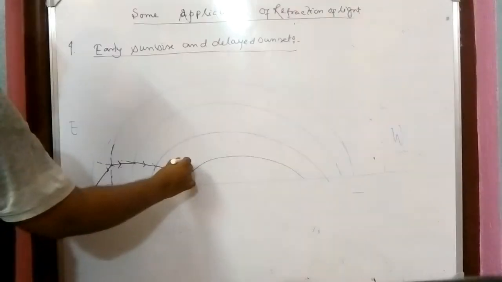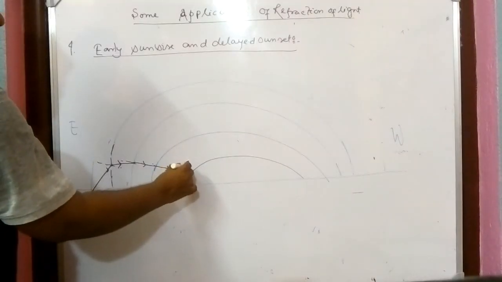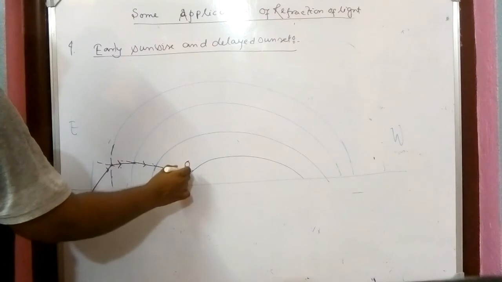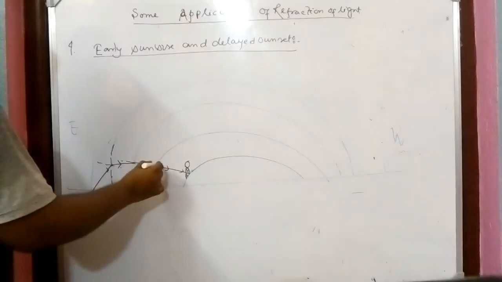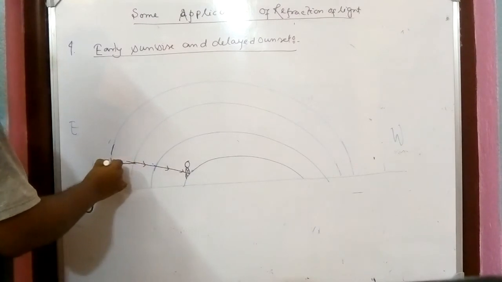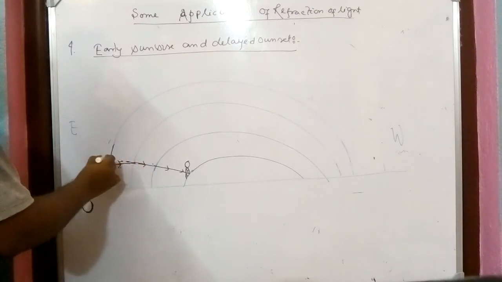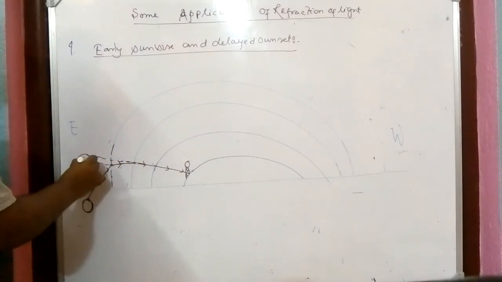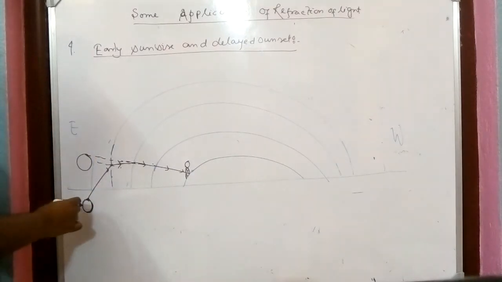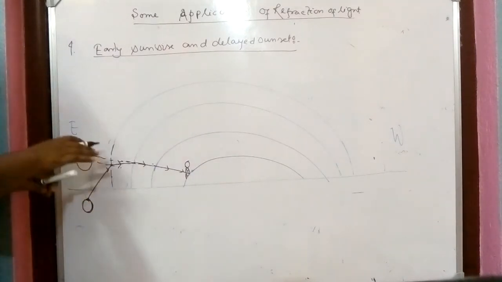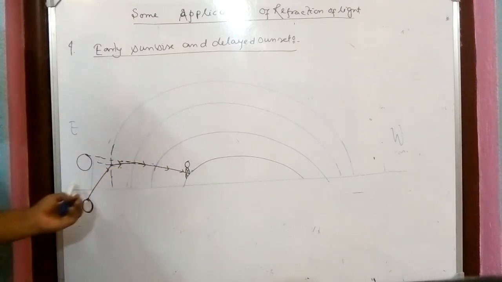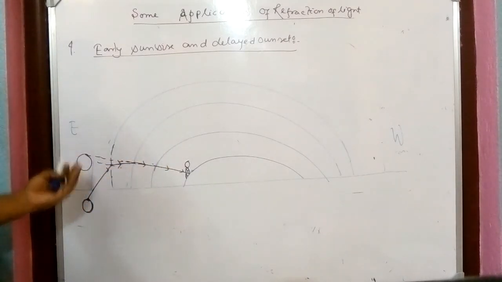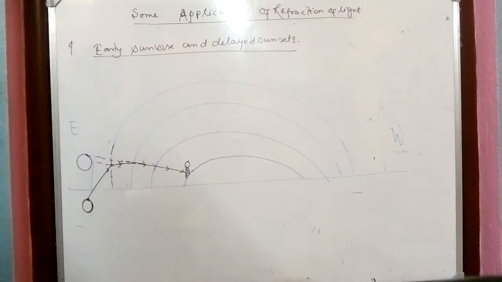A man standing here who wants to see the sunrise cannot follow the bending path. For him, the light ray is coming from here. The exact position of the sun is below the horizon, but according to the man, the sun has already crossed the horizon. So it is seen mainly at dawn.